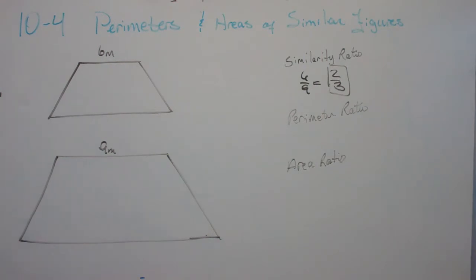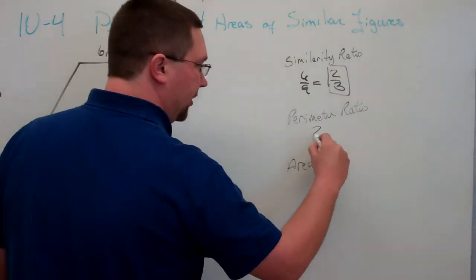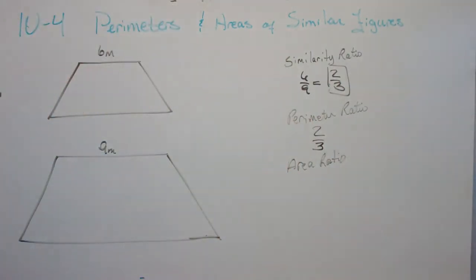Now remember, the perimeter ratio is the exact same thing as the similarity ratio, so our perimeter ratio is also 2/3. And now our area ratio is simply our perimeter or similarity ratio squared, it doesn't matter because they're the same thing.